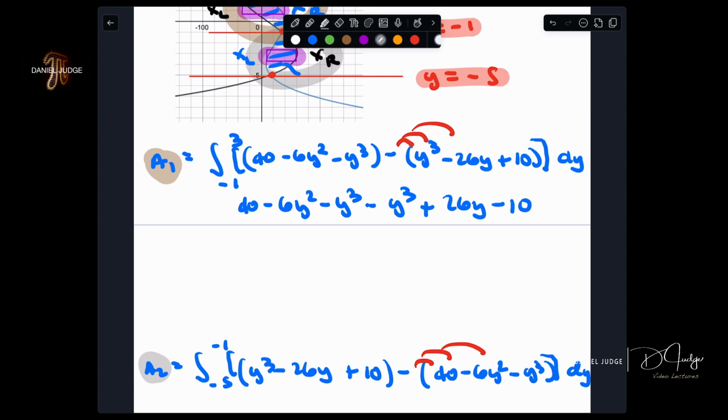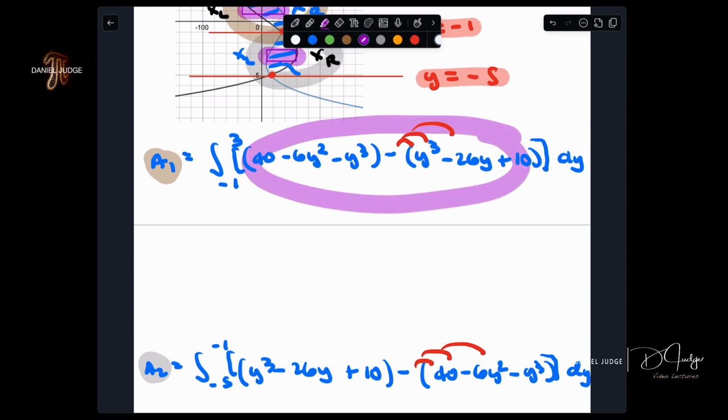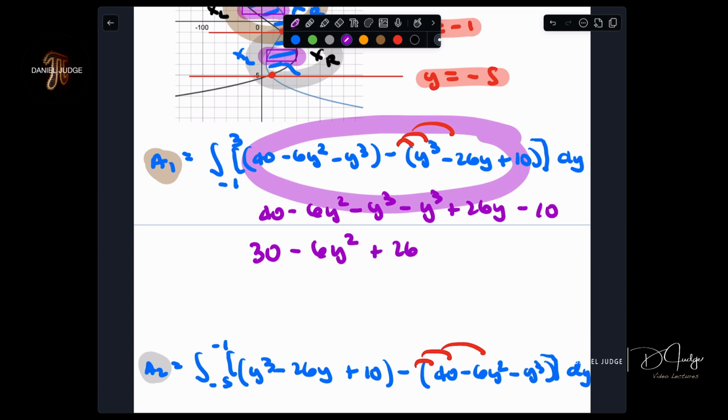Doing the algebra, let me remind people: 40 minus 6y squared minus y cubed minus y cubed plus 26y minus 10. So that gives us 30 minus 6y squared plus 26y minus 2y cubed. Let's just double check.